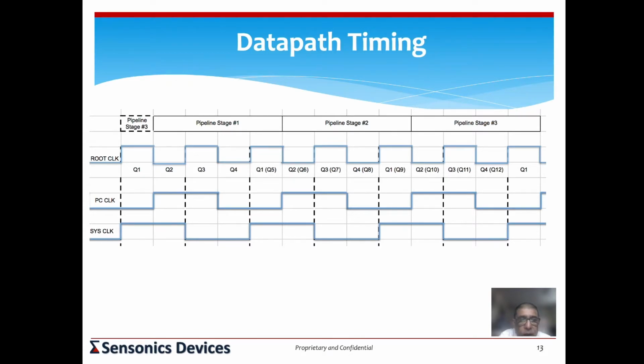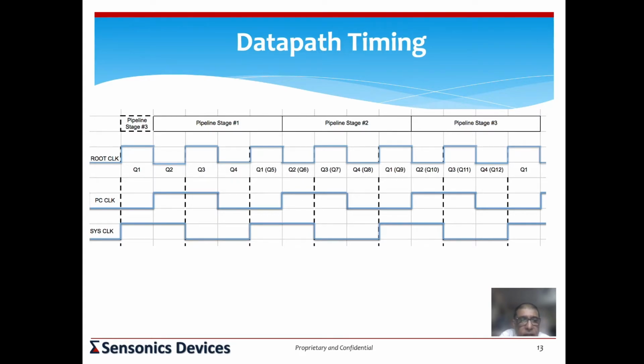And the way we operate the design, there is something called a PC clock and something called a CISC clock. The PC clock is a divide by 2 of the root clock, on the negative edge of the root clock, and the CISC clock is a divide by 2 of the root clock, on the positive edge.